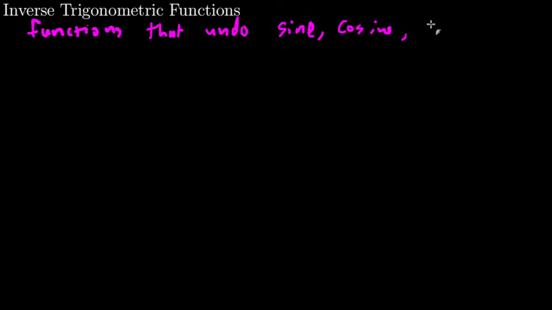And so the inverse trig functions are basically functions that undo sine, cosine, or tangent. Now, what do I mean by undo?